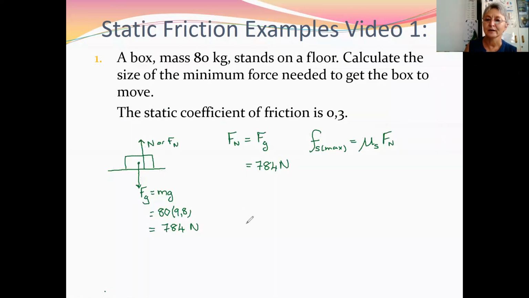So I thought there's trouble here. If we don't have the static coefficient of friction, we can't calculate the maximum static frictional force. So it's 0.3 times the 784, and there we go.